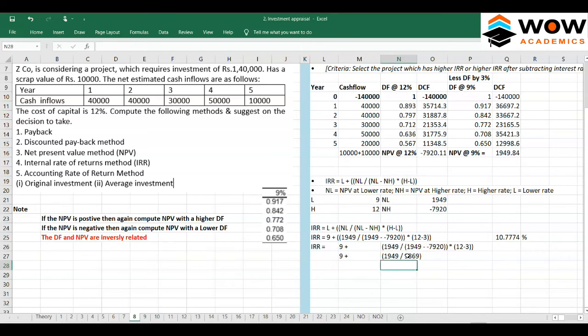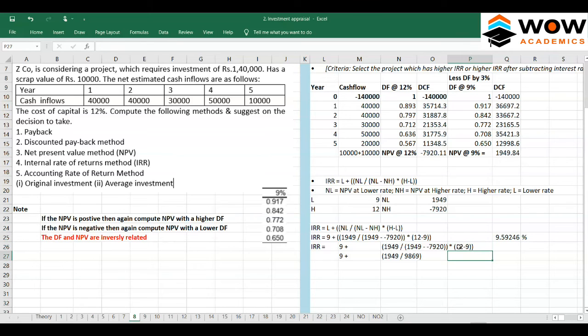So thereafter, this multiplication part would become 12 minus 9, not this number. So here also it will be 12 minus 9. Okay, we have done something wrong. So this will be the answer. Here it will be 12 minus 9.